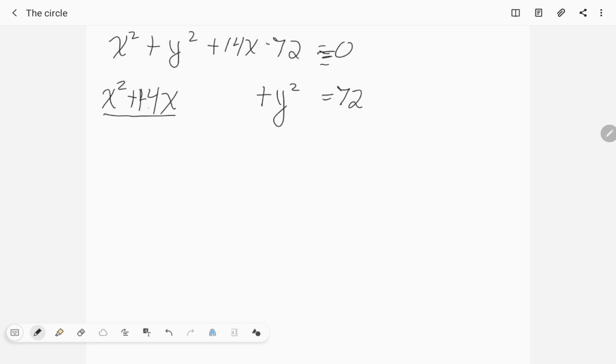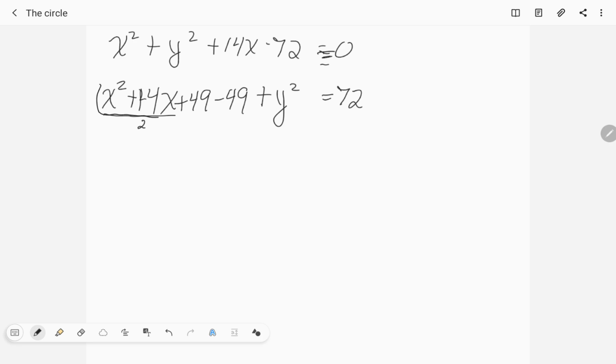So if I take 14 and I divide it by 2, that's going to give me 7. And I square it, that's 49. So I'm going to add 49 and subtract 49. Remember, you have to do both. You can't just randomly add a 49. You have to subtract it as well so that it actually equals 0. So you did something but nothing. Remember me saying that last year?